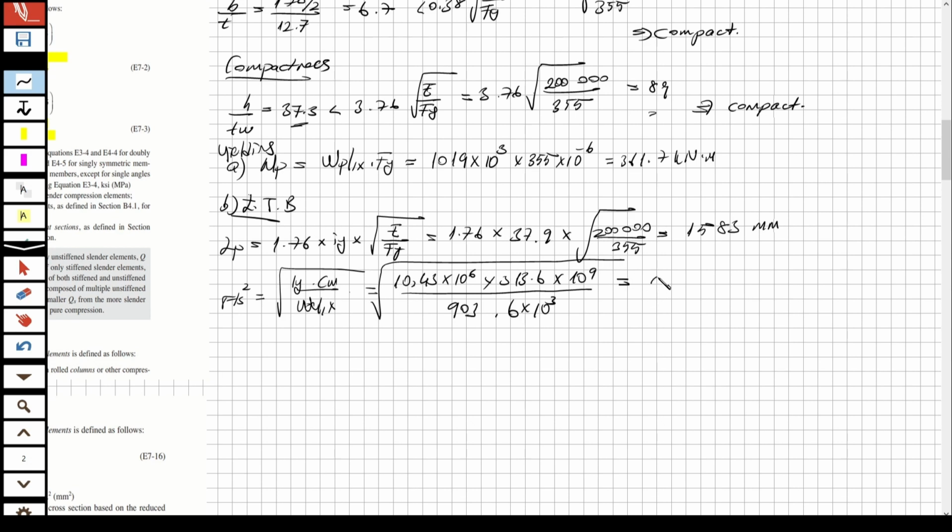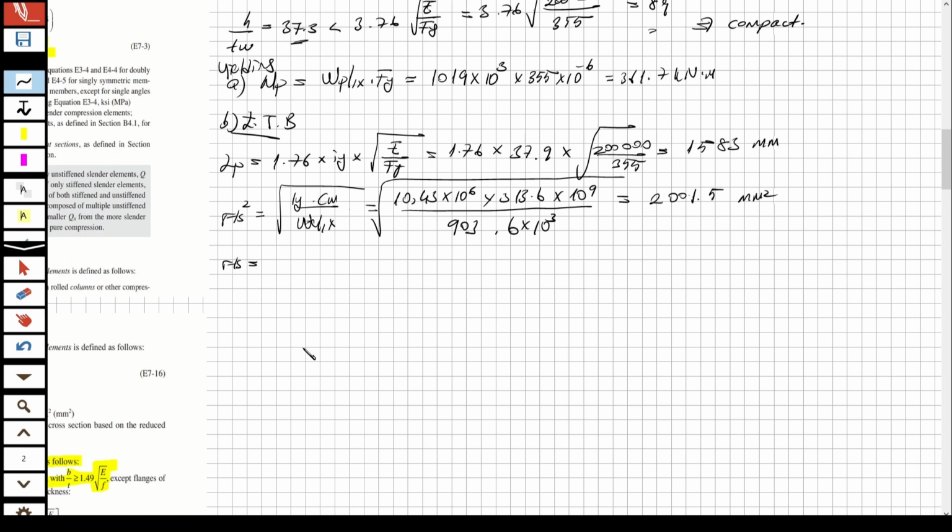Due to this, we obtain 2001.5 millimeters squared, and from this, rts is equal to 44.7 millimeter. So now we got the rts.